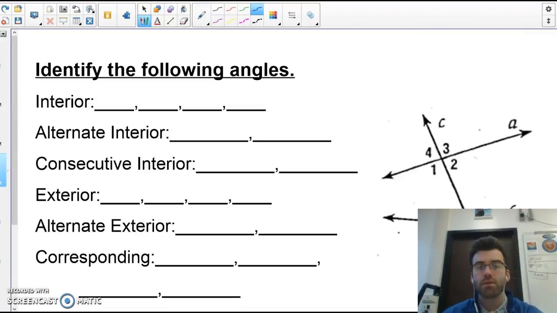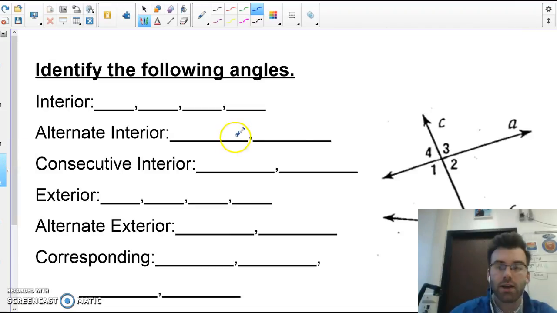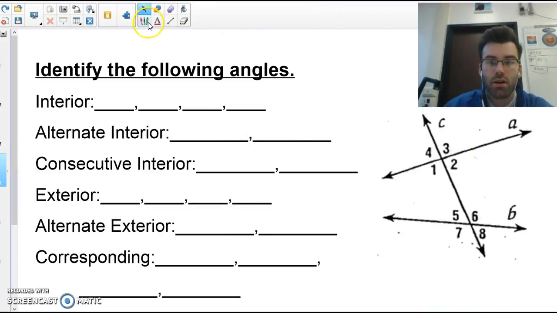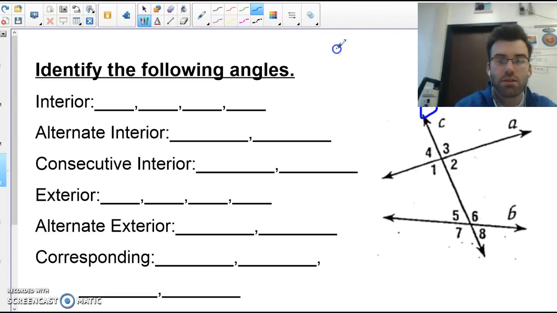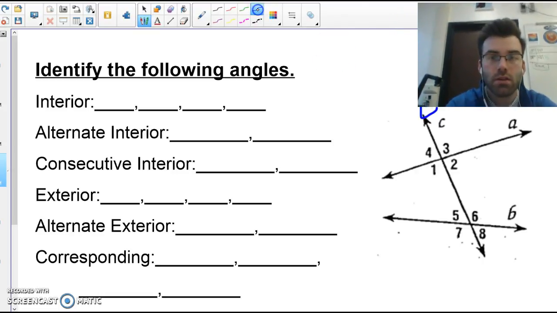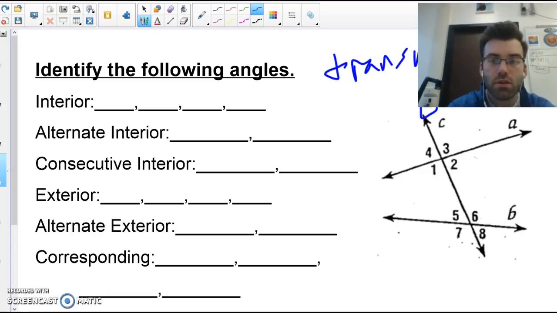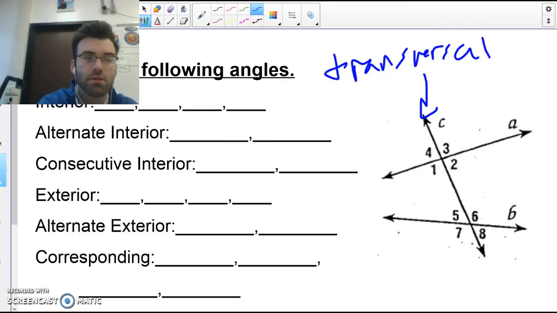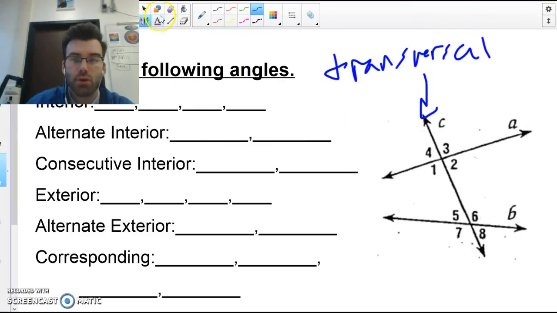If you look at these angles here, there are specific types of angles. So if I have these 2 lines, A and B, and C is my transversal, that is considered the transversal because it hits both of those lines.